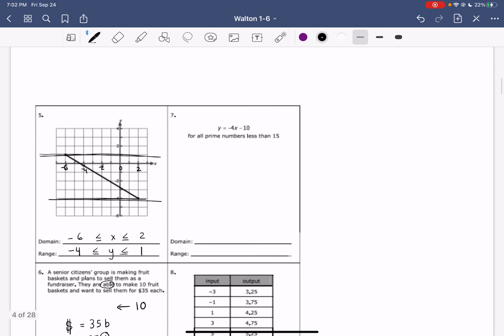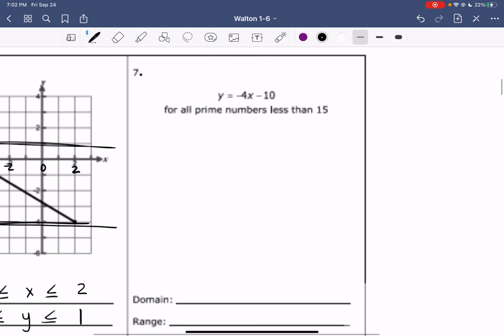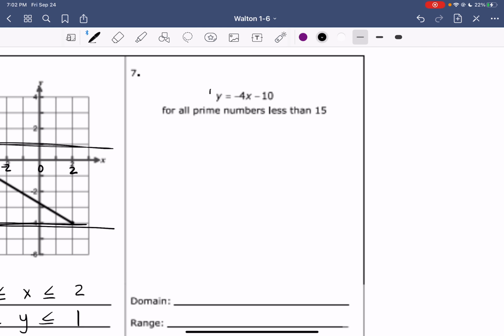All right. Number 7. So again, but now this time they gave us an equation, but they're saying we want to find the domain and range for all of the prime numbers less than 15. So prime numbers are any numbers that can only be divided by 1 and themselves.